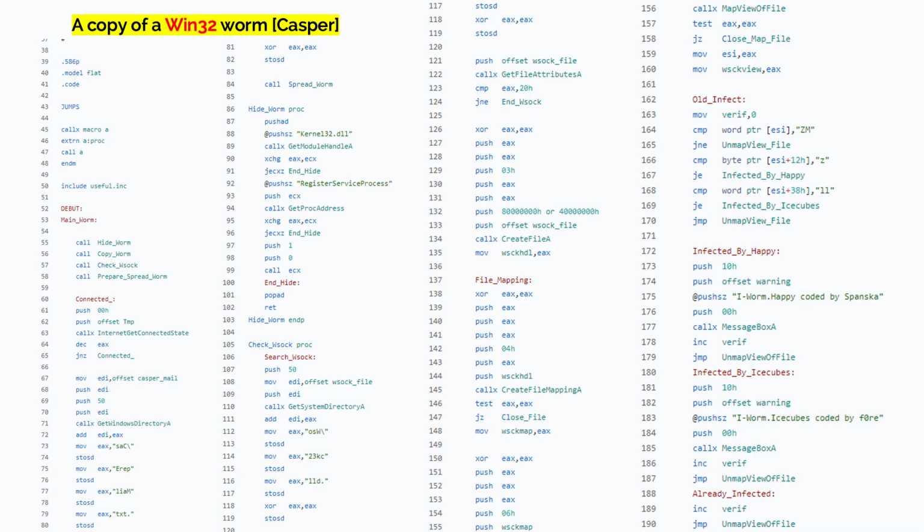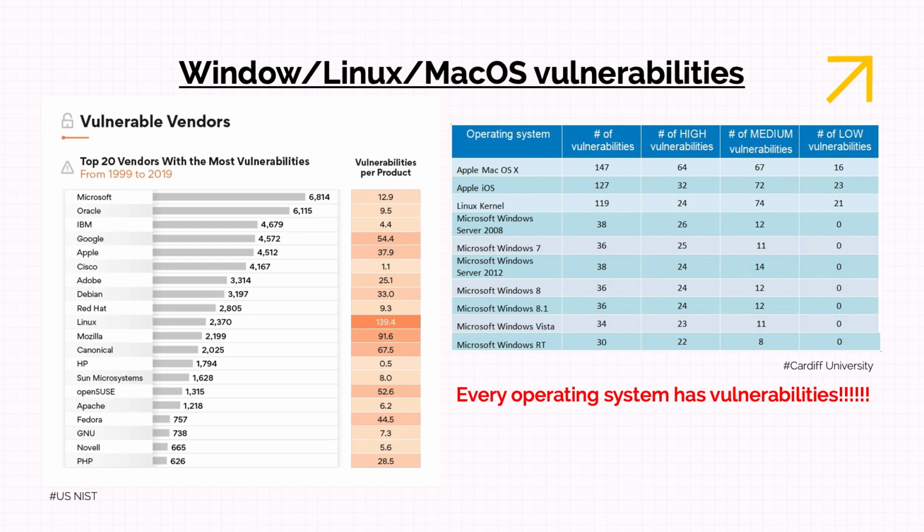This is written in assembly, and the virus needs to be small, so they write it in a low level language, and this virus can try to exploit some of the vulnerabilities, because of software bugs. Yeah, software bugs.